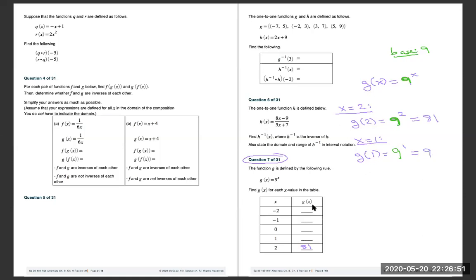G equals 9. When x equals 0, evaluate g at 0. Remember, you have a base of 9 and a power of 0. And any number to the 0 power, real number.